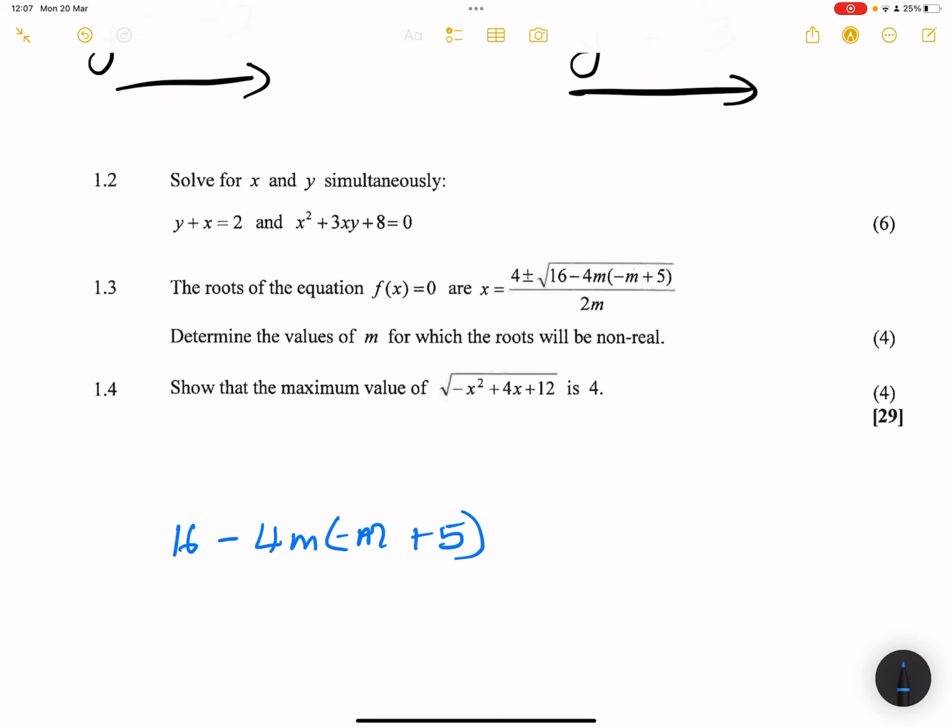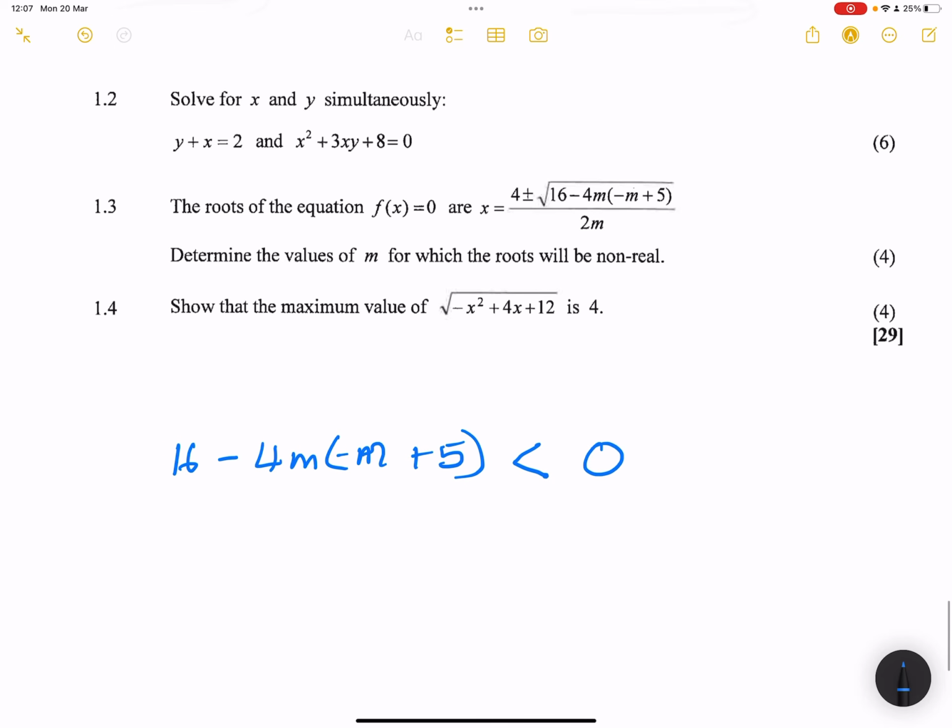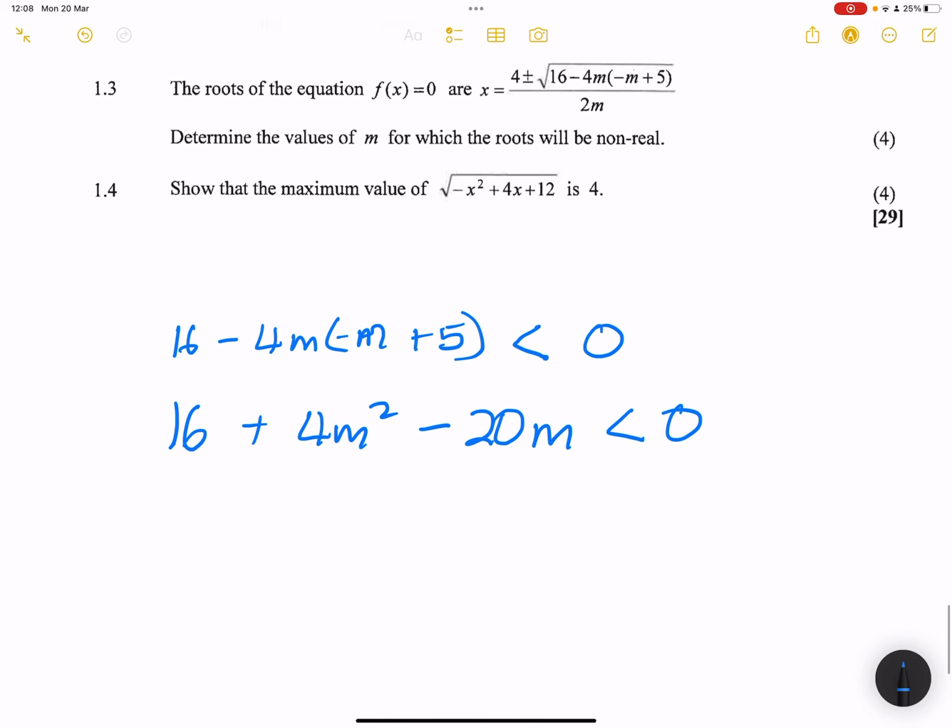But we want to know when will they be non-real. They will be non-real when this expression becomes less than 0. And please note, not less than or equal to, but simply less than 0. So let's try and solve. That's going to be 16 plus 4m squared minus 20m, and this is less than 0, right?